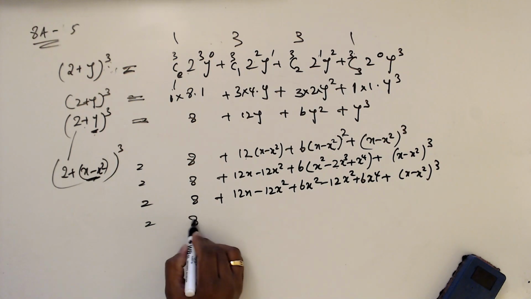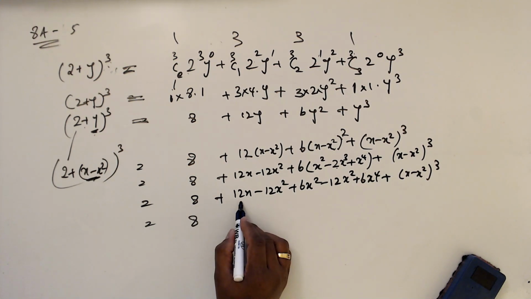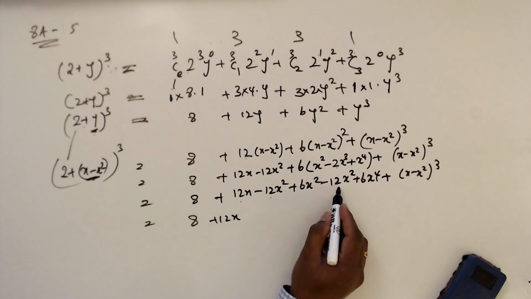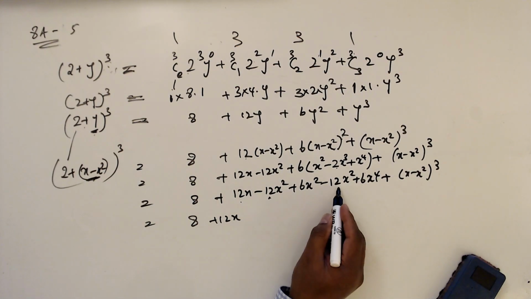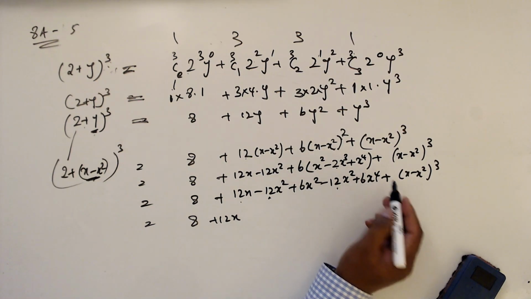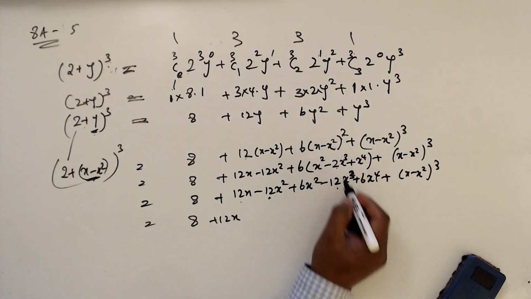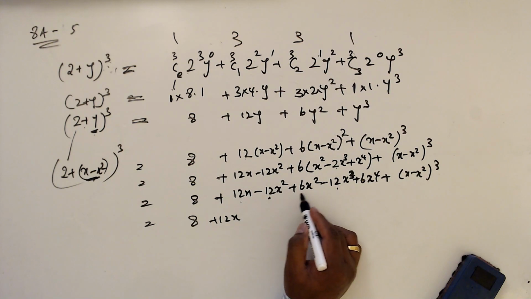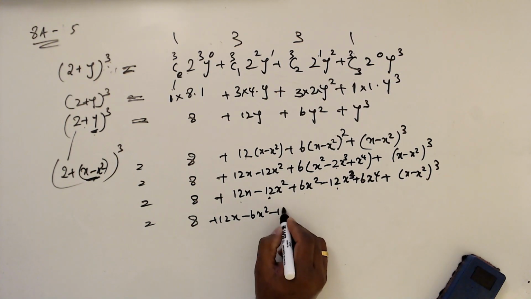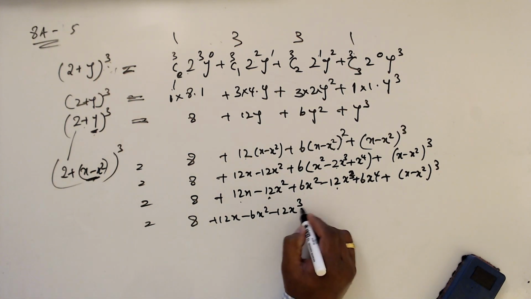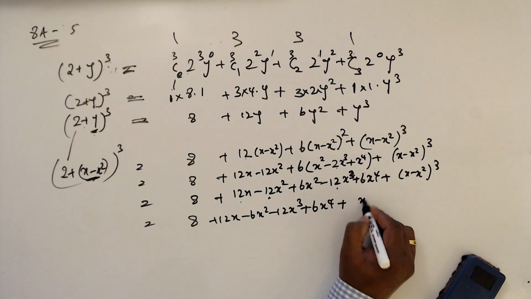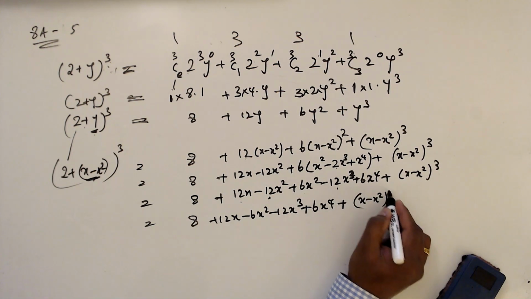Now this is 8, 12x, minus 12x squared, actually this is x cubed, and this is going to be minus 6x squared minus 12x cubed plus 6x to the power 4 plus (x minus x squared) cubed.